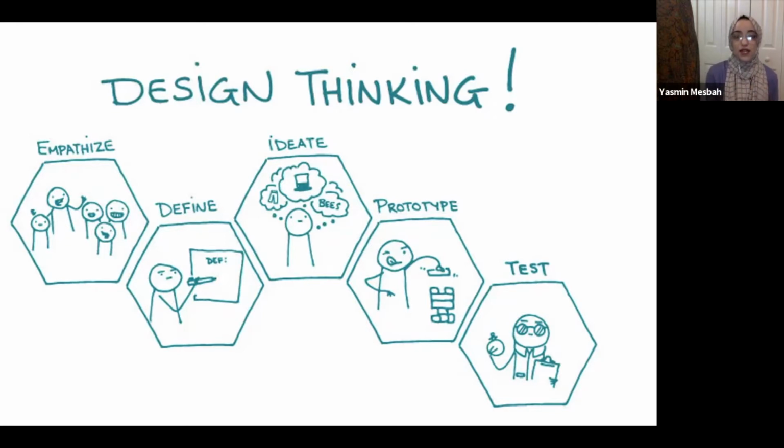So prototyping here, it doesn't have to be something fancy where you go to a manufacturer and you manufacture this really cool gadget, right? It can be something as simple as creating a storyboard, creating a drawing of what your product and service is. Because the purpose of this prototyping step is that you can get as fast as possible to the testing step, where you actually show your end user what the product or service or experience is going to look like and get their feedback.